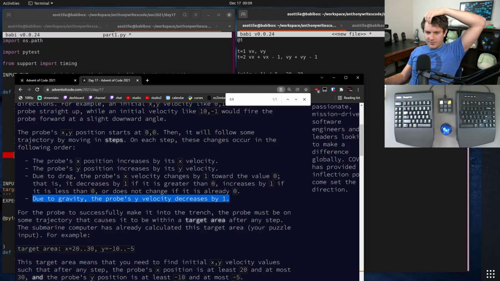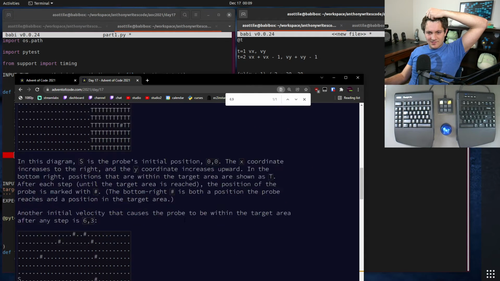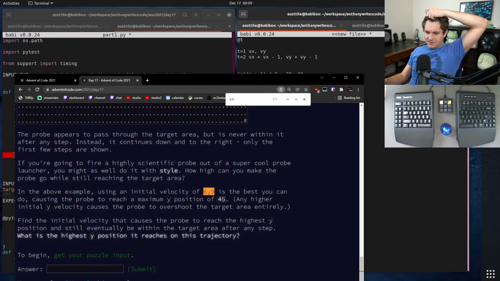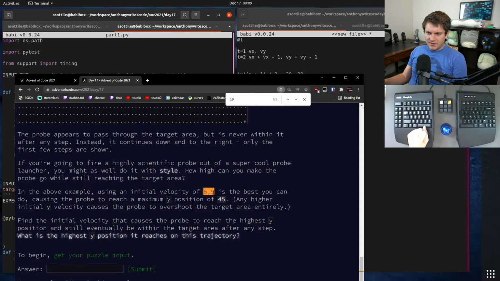I wish we knew what problem this is referring to. Oh, okay, no, this is the right problem. So that is 45. Okay, so initial velocity of 6.9 is the best you can do to cause it to reach that.